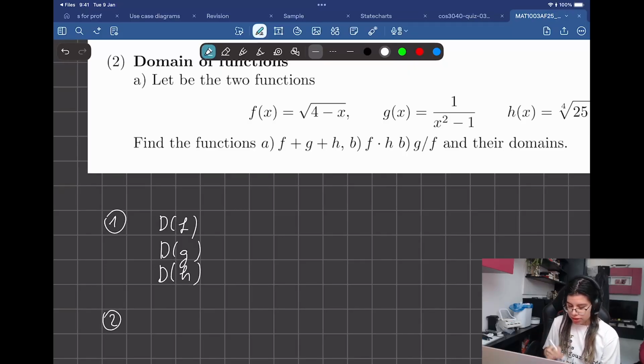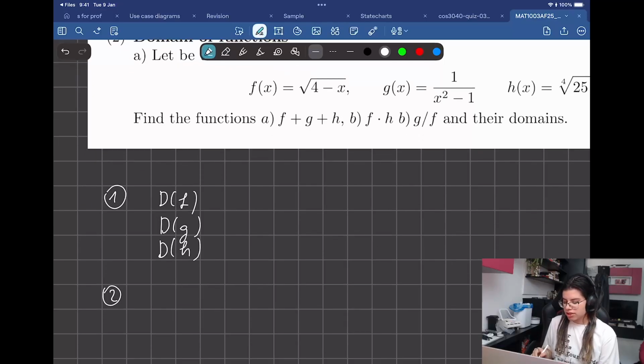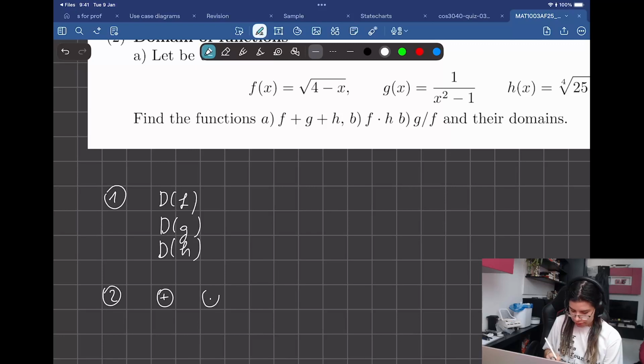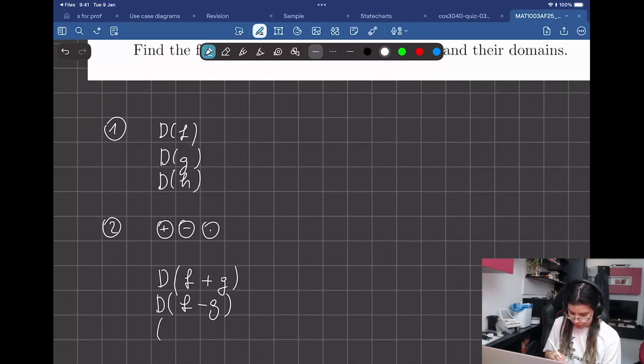So you just need to remember a couple of rules here. They actually make sense. So if you have summation of functions or dot product or subtraction, it's basically the same thing. So the domain of the composite thing, it could be f plus g or h, doesn't really matter. Could be f minus g, could be domain of f dot product g.